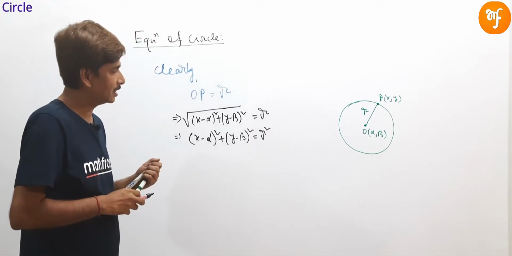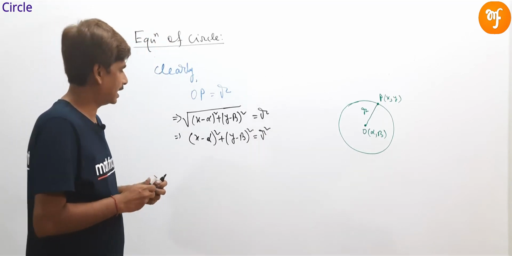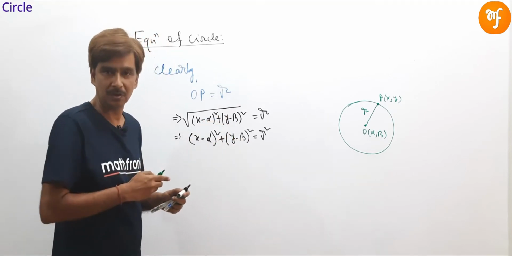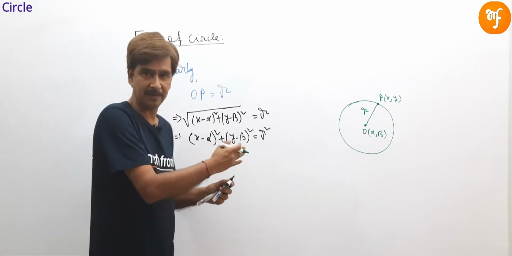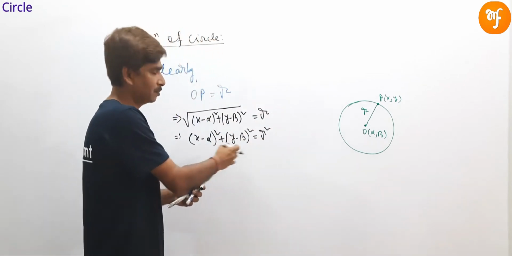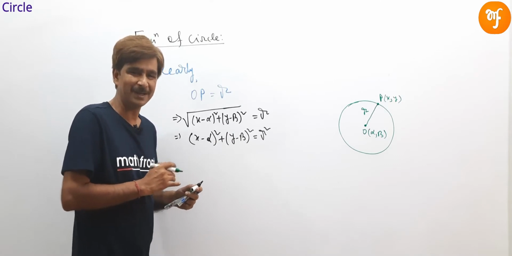So this is the equation of the circle, because it is related with x, y and alpha, beta, r are known constants, x, y are variables, and this equation satisfies the definition of the circle.